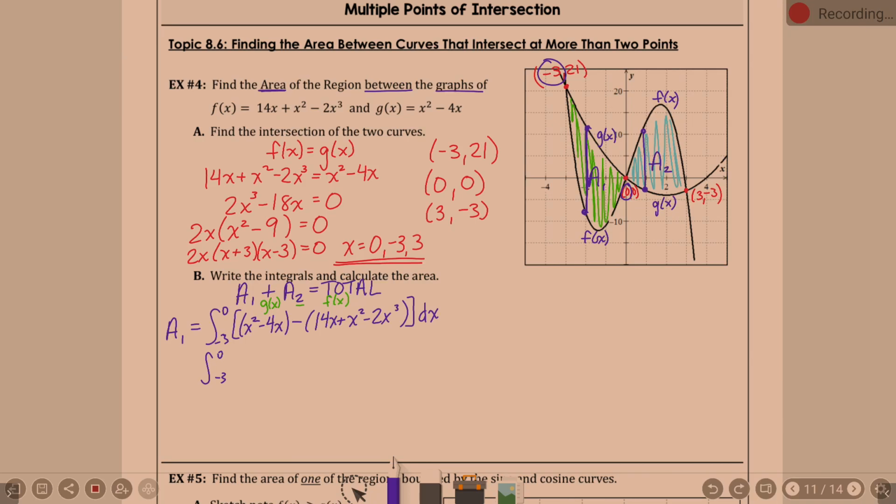Except that I can't move it to the other side to make a positive 2x cubed, can I? So this is going to be a positive 18x minus 2x cubed, if you will, because I don't have another side of the equation. So we'd already done that up above. Now we're ready to integrate.